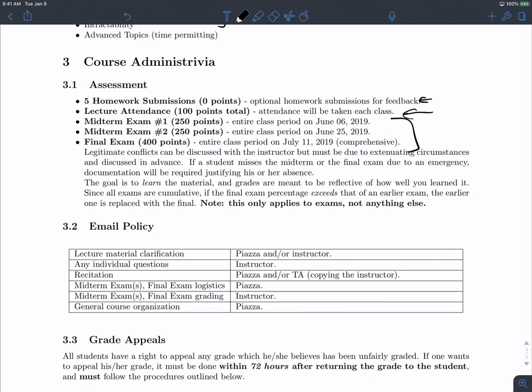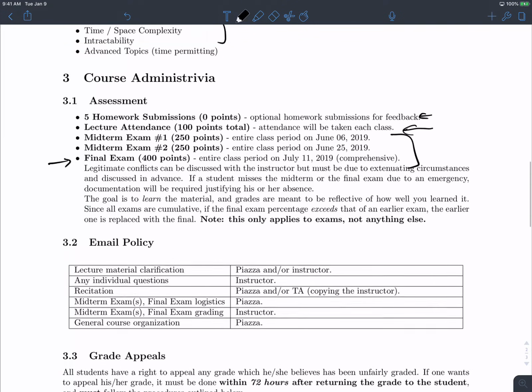So my policy is that the final exam is cumulative, but to offload that, if you do better percentage-wise on the final, it replaces the lower percentage test. So if you got, say, 60% on midterm 1 and 80% on the final, then midterm 1 will be 80%. So it replaces old stuff because you're showing that you have learned things at the end of the class.